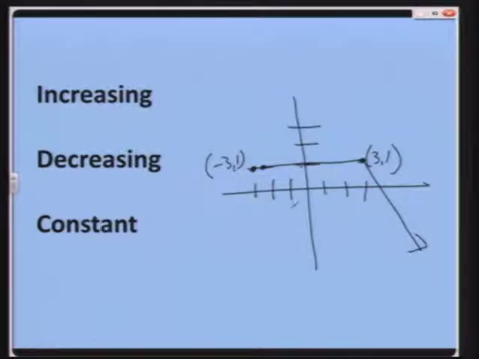And again, we concentrate on the x's to describe where the increasing, decreasing, and constant is happening. So as we look at this from here to here, we are constant. So from -3 for x to +3 for x, we are constant. Remember, we put the smallest number first and the larger second, and we give parentheses.